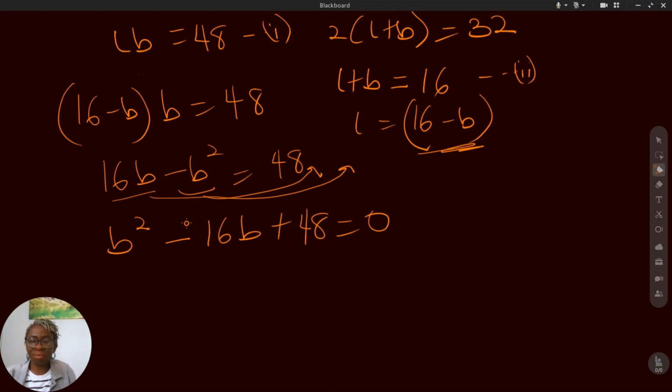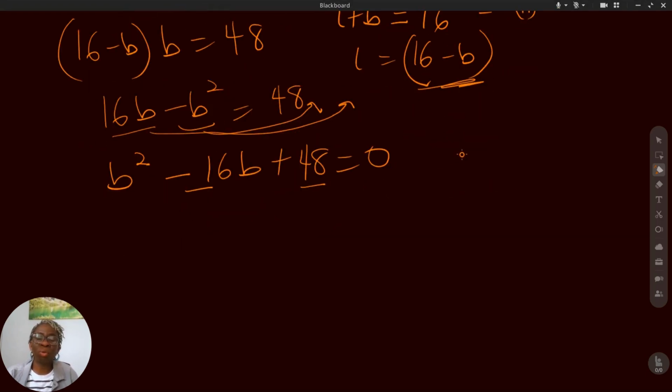We have negative 16 here, and then we have positive 48 here. When we want to factorize, we have to look for two factors that when we add them together, let's say x and y, x plus y must give 16, and then x times y must give 48. So now let's look for factors of 48.